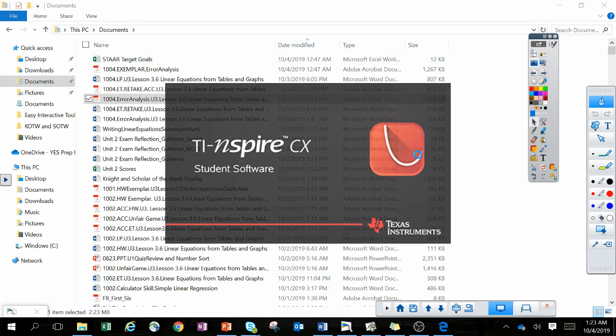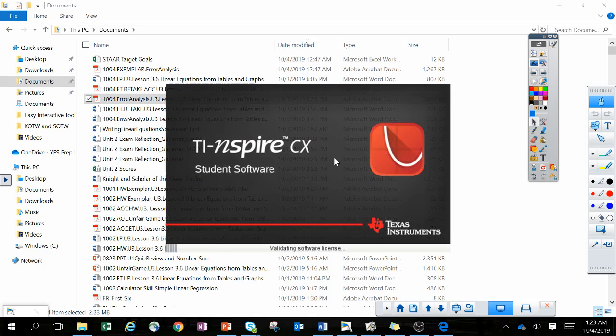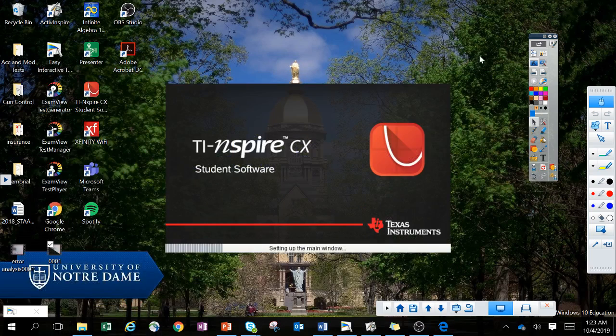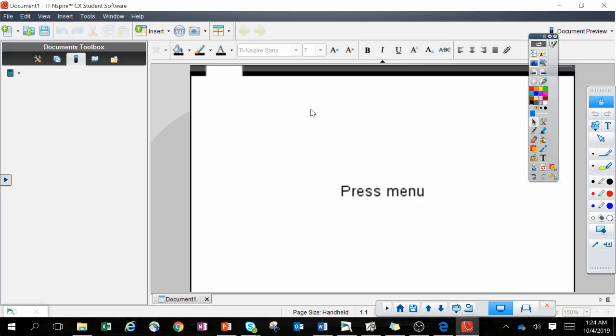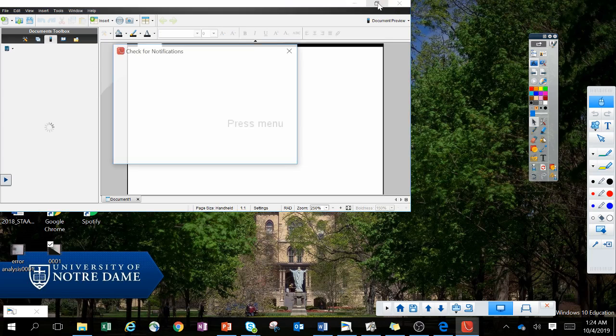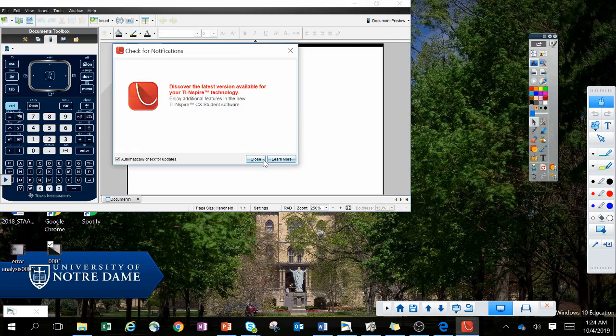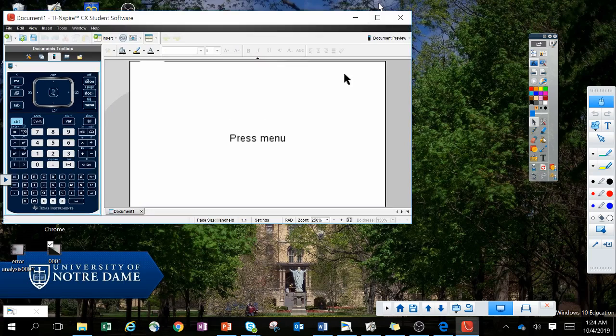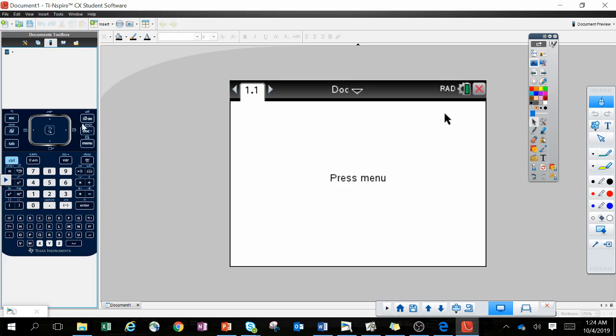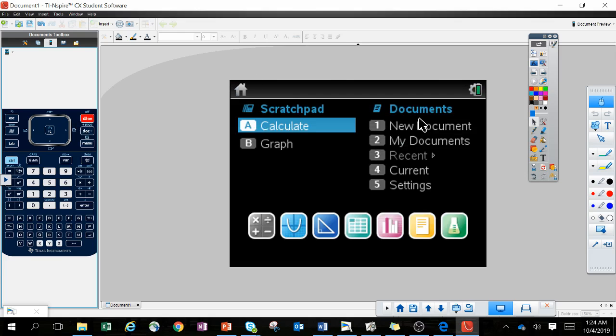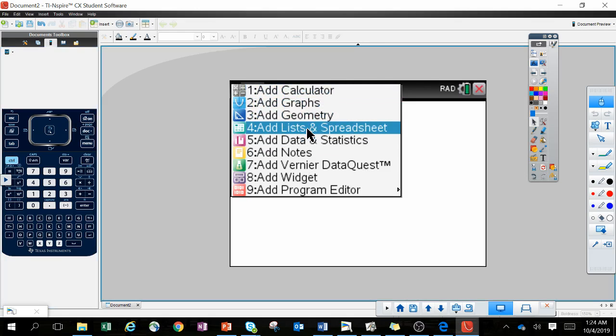Alright, so on our calculator we should start on our home screen, which you should see on my screen shortly. So we're going to start on our home screen, and I want to start a new document. Lists and spreadsheets.